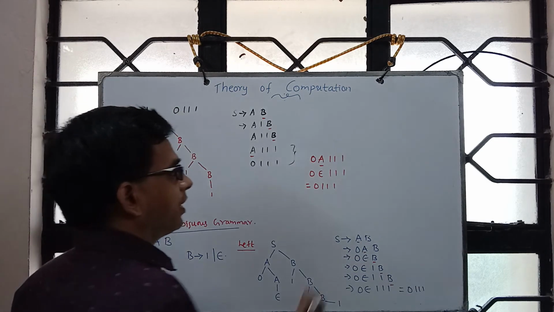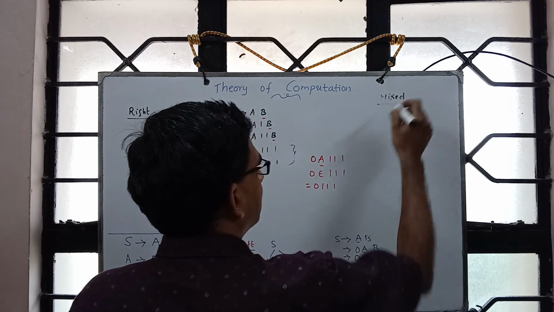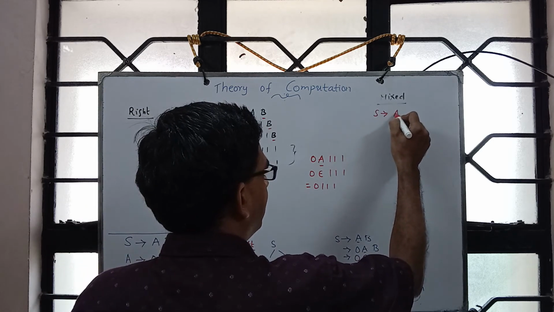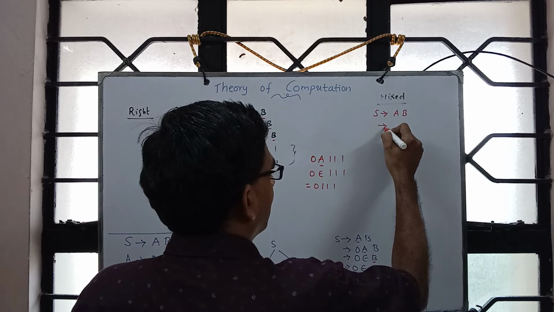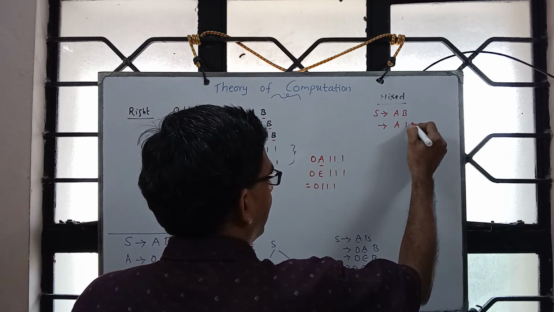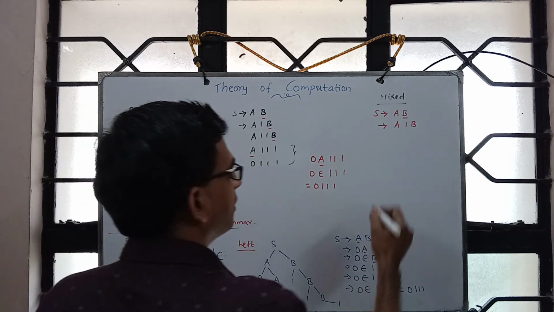And in case you go for a mixed one, for example, you say S implies AB. Now what I do, I say it becomes A implies 1B. I choose this for expansion.